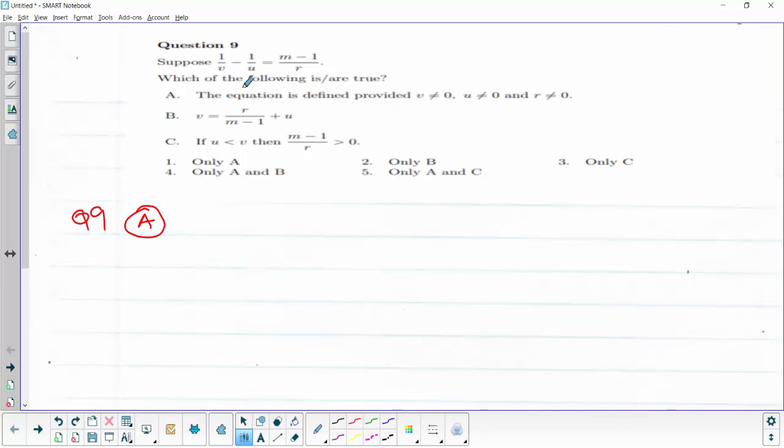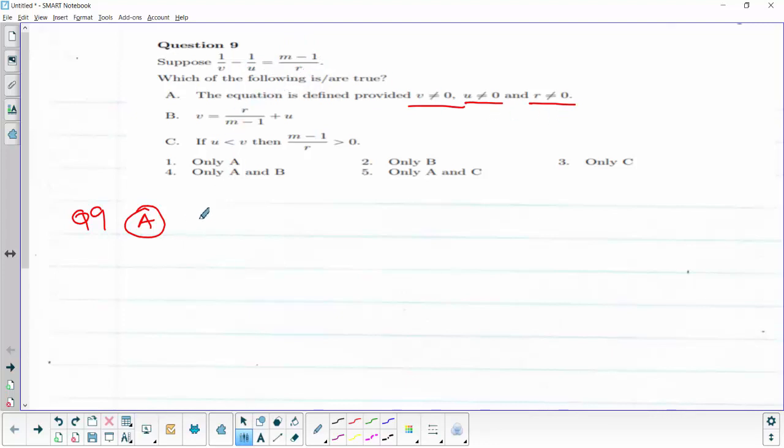When we say 1 over 0 here, it makes this one undefined. And when you put 1 over 0 here, it makes it undefined. The same thing is applicable here. This one will make it undefined when we put r equal to 0.